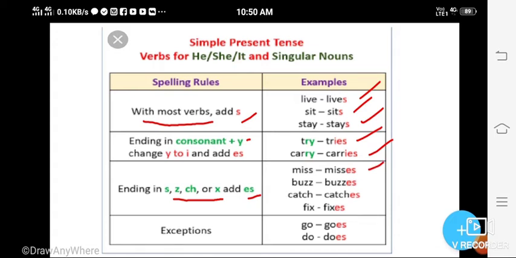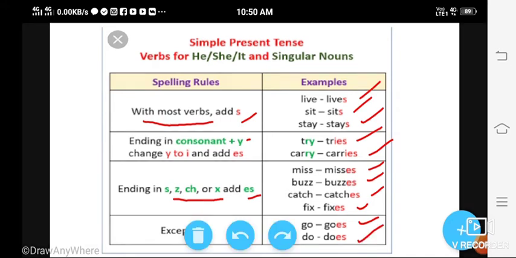Buzz becomes buzzes. Catch becomes catches. Fix becomes fixes. Now there are some exceptions. Exceptions means some odd things or irregular things. Like some verbs like go will become goes. Do becomes does.